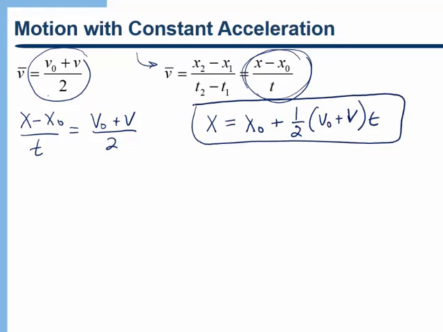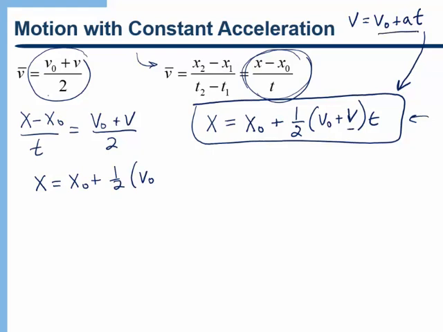I'm now going to take our result from before, that v is equal to v naught plus at, and combine it with the equation that we just created to come up with a third equation. So I'm going to replace v with v naught plus at in this equation. So I get x is equal to x naught plus 1/2 v naught, but now for v here, I'm going to plug in v naught plus at.